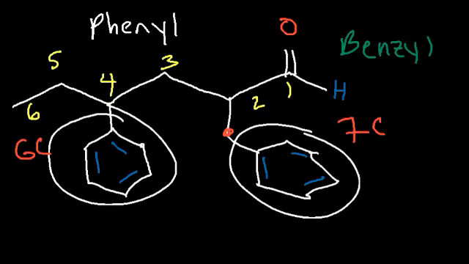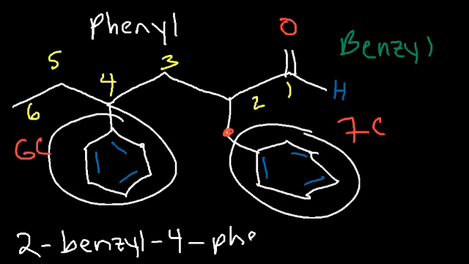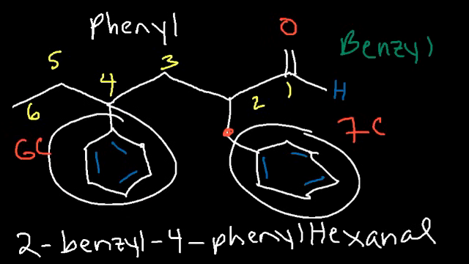B comes before P, so this is going to be 2-benzyl-4-phenyl, and we have a total of 6 carbons, so hexanal. Let's take out the dash though. You only need a dash between a number and a letter. So this is it. 2-benzyl-4-phenylhexanal.